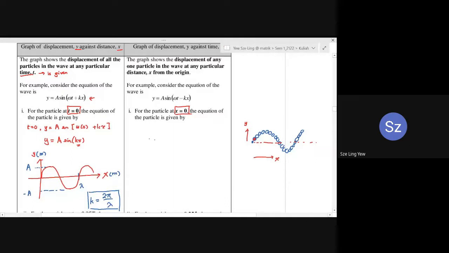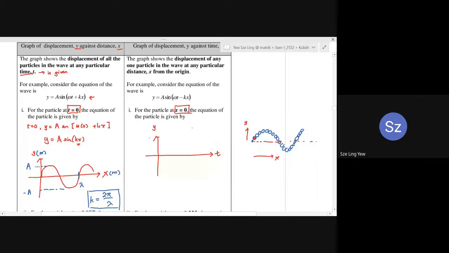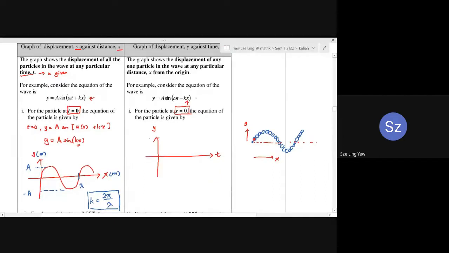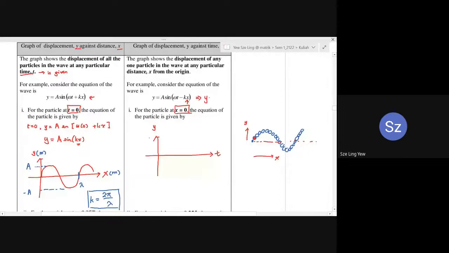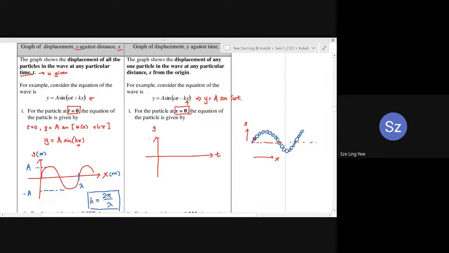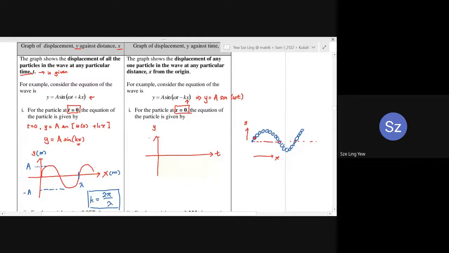So now we're going to sketch a graph for y against t. Why y against t rather than y against x? Because now you're given x equals 0. So if you substitute x equals 0 into the equation, you are going to obtain y equals a sine omega t, the equation that you had in chapter 9.